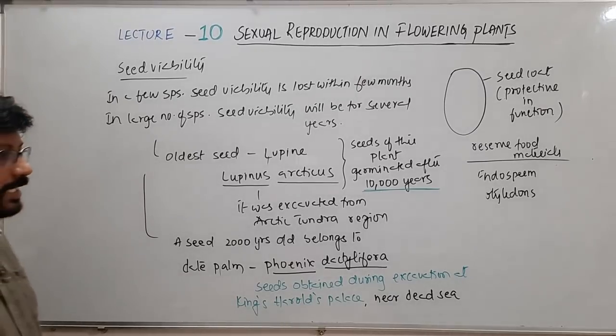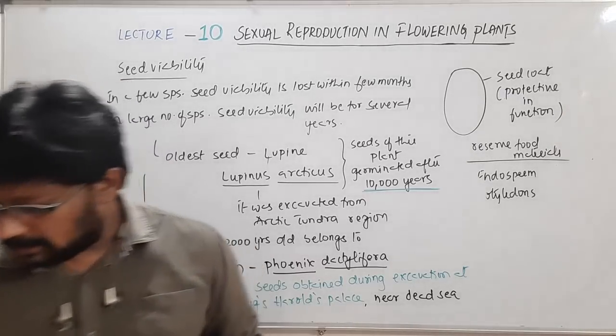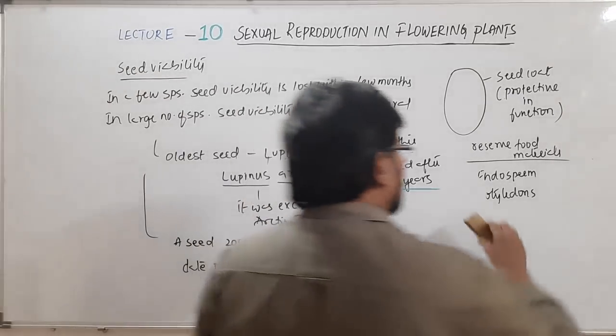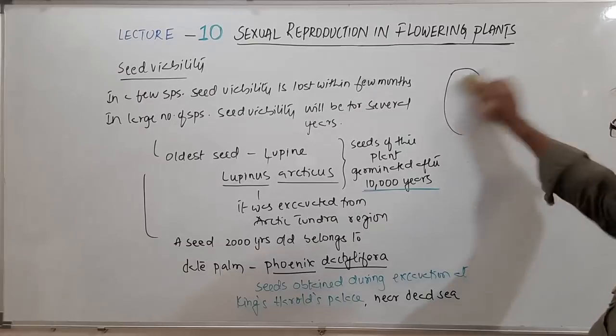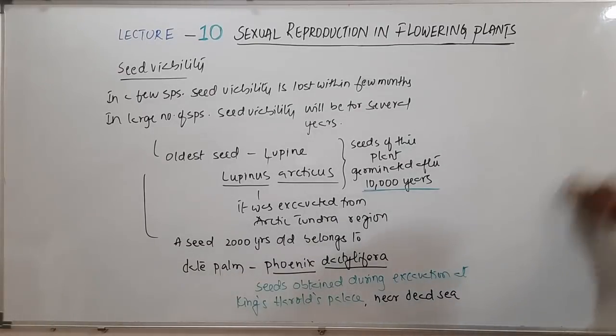Now we see that some plants produce fruits that contain only one seed, or in some cases two seeds or four seeds, or in some cases many seeds.